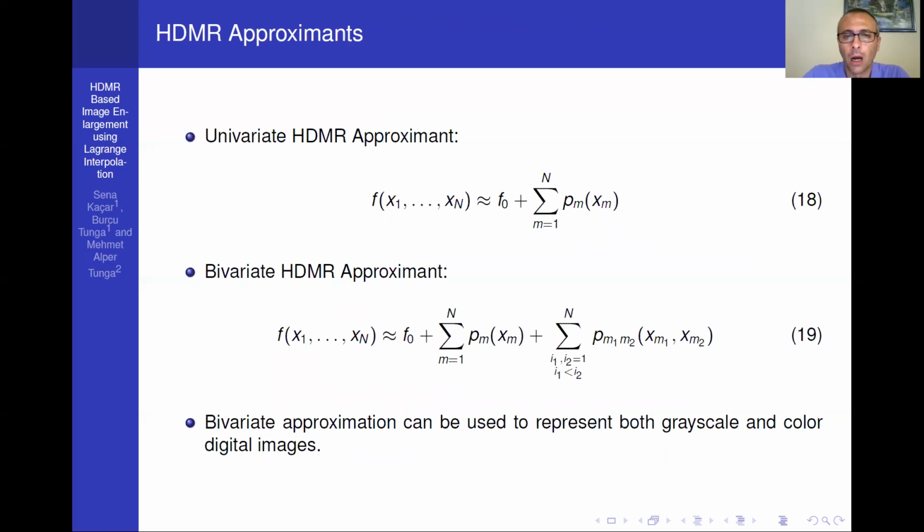When we insert these multinomials into the HDMR expansion and cut the expansion at that level, we get the HDMR approximates. If we use only the constant and the univariate HDMR terms, then we get this univariate HDMR approximate. When we also use the bivariate terms, we get this bivariate HDMR approximate. In this study, we will use these approximates to represent both grayscale and color digital images.